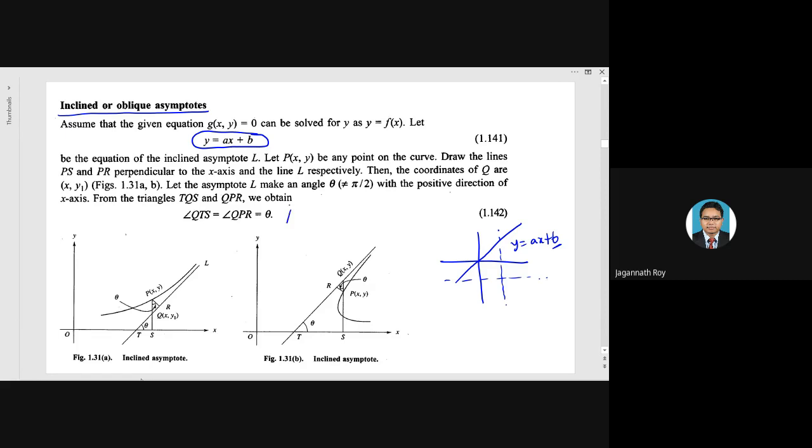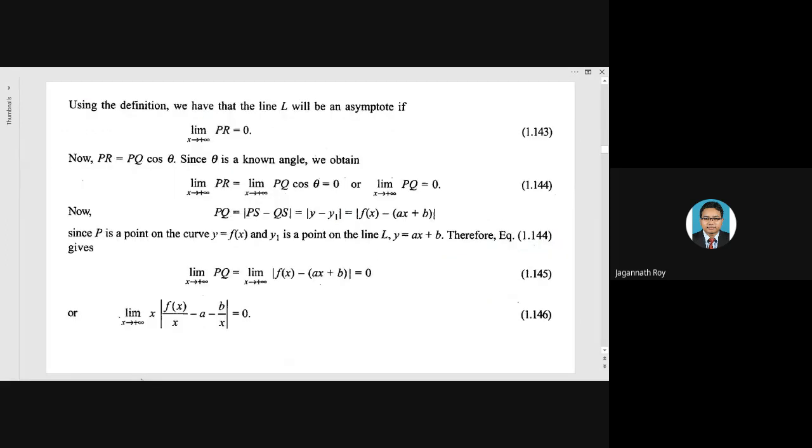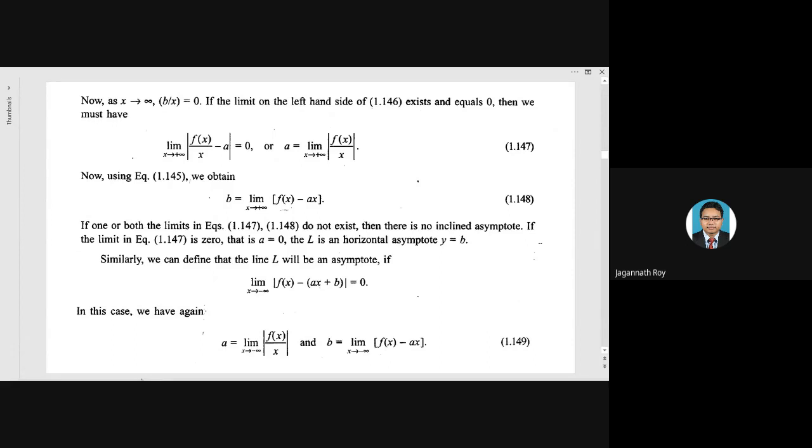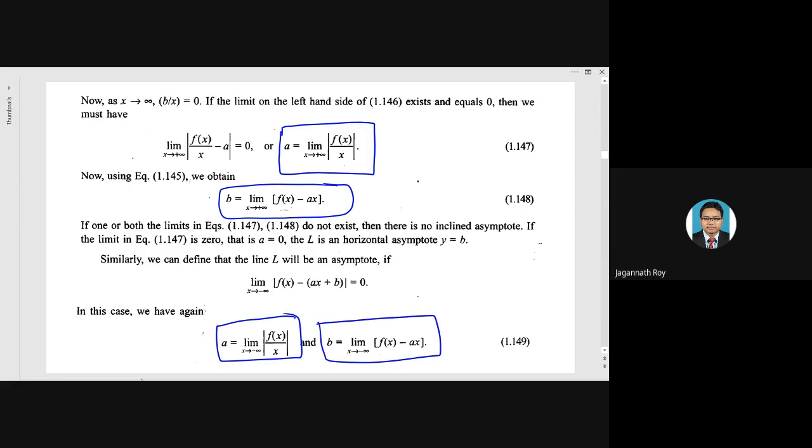So these derivations are not a part of our syllabus. This is for your information, I have included. The thing is, in order to calculate the inclined asymptote, we need to find these values. This is 1, then this is 2, this is 3, and this is 4.